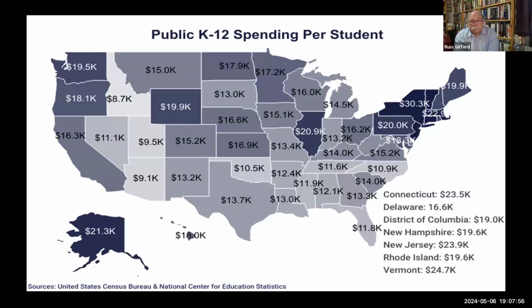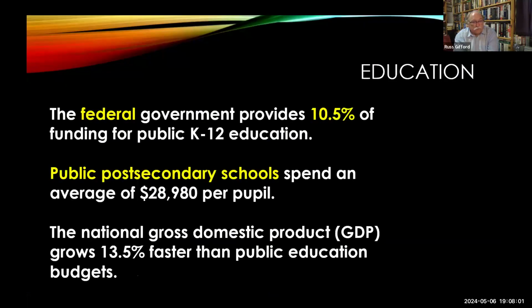Now, remember, the federal government is providing over 10% of the funding for your public K to 12, and public post-secondary schools are also kicking in a lot of money, and some of that is from tuition, and some of it is from their other funding sources as well, and from the feds. But the national gross domestic product grows 13% faster than your public education budget does, just to say.